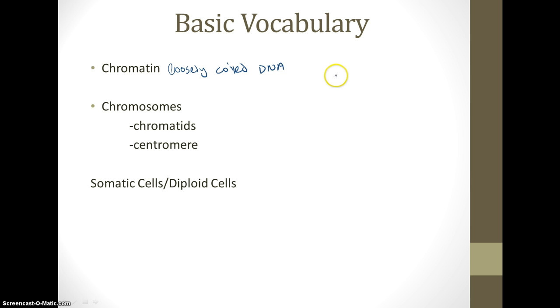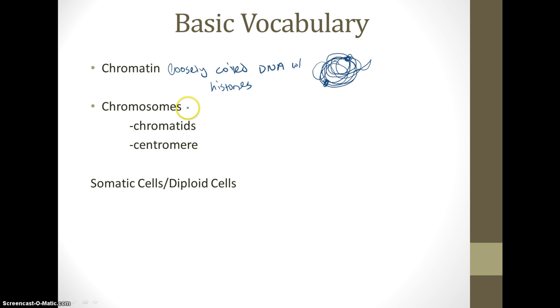So chromatin would look something like just a jumble of loops. This is something chromatin would look like, and it would have proteins in between called histones. So loosely coiled DNA with histones. That is chromatin.